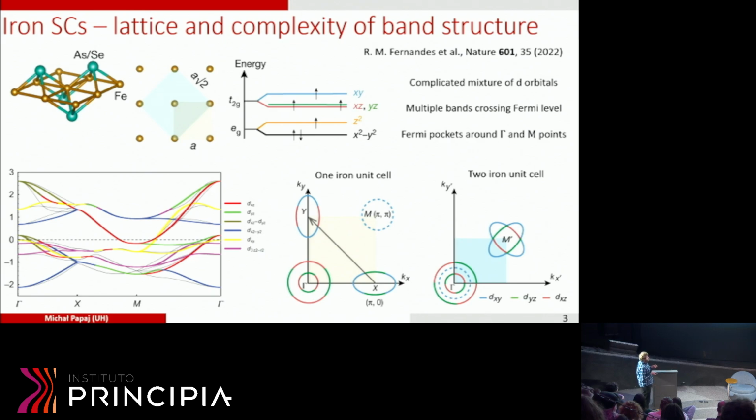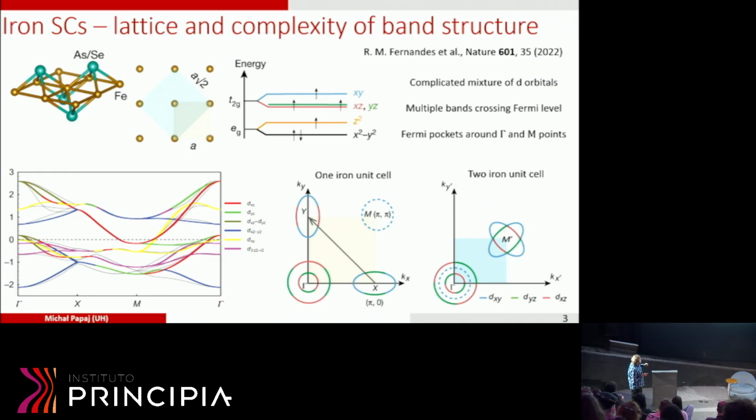But we have to technically remember that the 2 iron cell is the true unit cell of the crystal, and there are some cases, which will be important in this talk, in which we really have to work in the 2 iron unit cell. The important aspect is that we have hole pockets around the gamma point, and around the M point we usually have electron pockets. That's what happens in those materials.